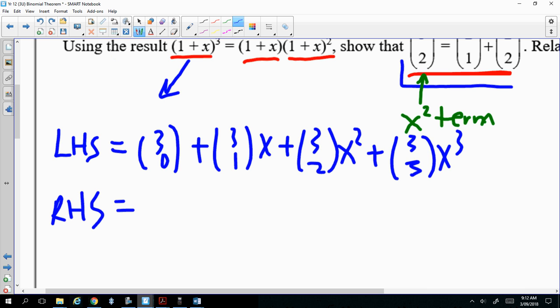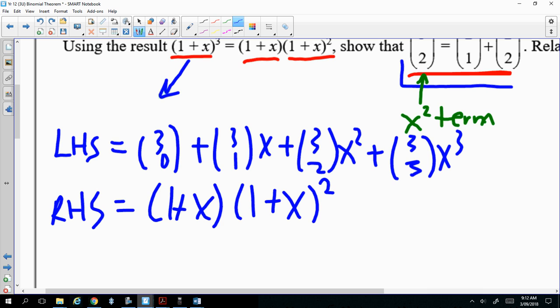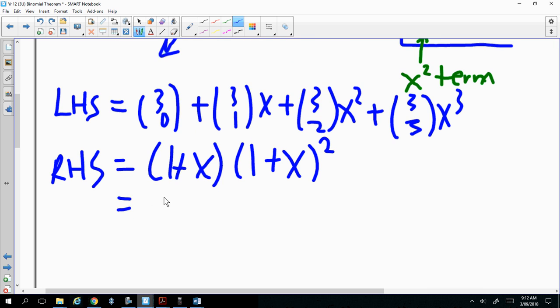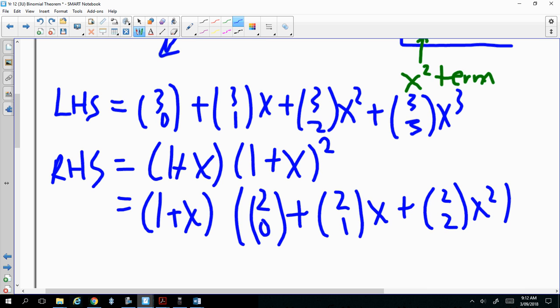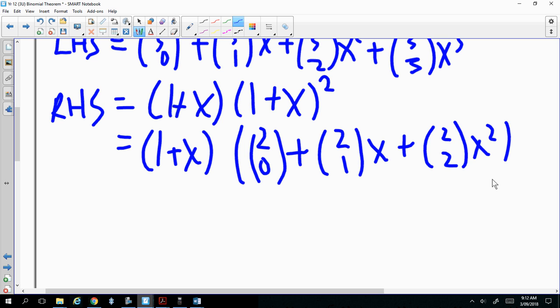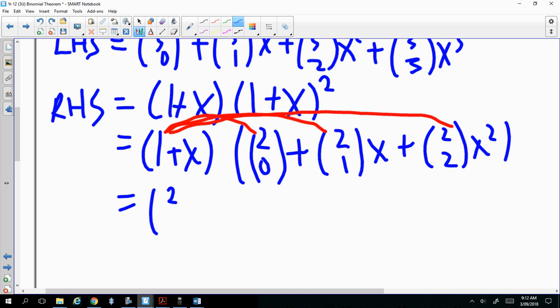And you're going to expand the (1 plus x) squared: (1 plus x) times (2,0 plus 2,1 x plus 2,2 x squared). Like that. Now I want you to expand this: 1 times this, 1 times that. So you go 2,0 plus 2,1 x plus 2,2 x squared. Expand the 1, then expand the x.